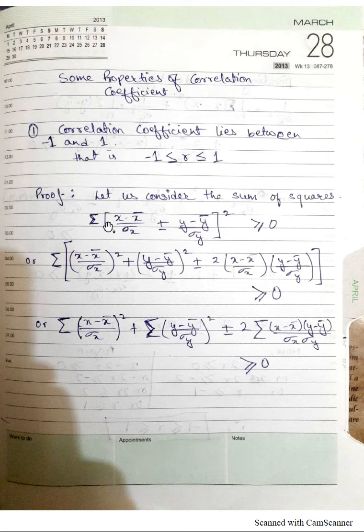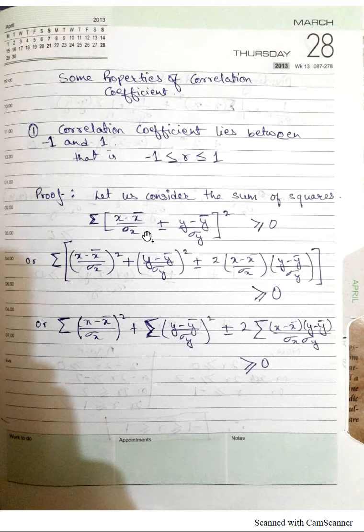And now if we square this expression and sum it up for all the values of x and y, it will still be greater than or equal to 0, because when we add all the values that are positive or equal to 0, the entire value is still 0 or positive.